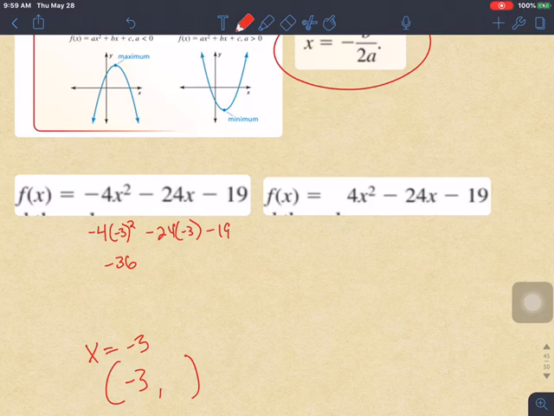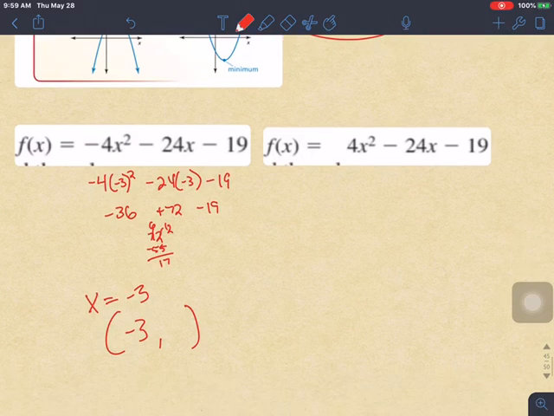Then we have negative 24 times negative 3, which is positive 72. And then negative 19. So we've got negative 36 and negative 19, which makes negative 55. So we have 72 and negative 55. Borrow from the 7, make that a 6, 12 minus 5 is 7, and 6 minus 5 is 1, so that's 17. So on this one, the vertex is at negative 3, 17.